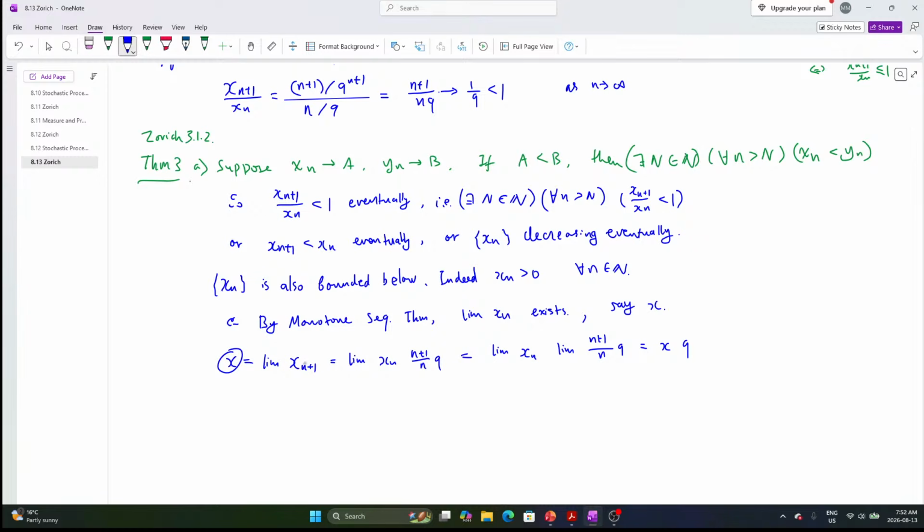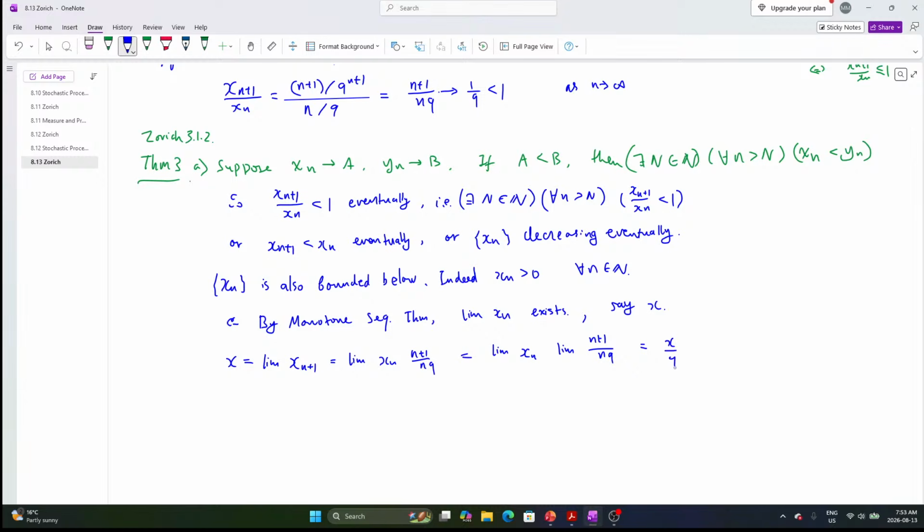So you get an equation for x. Oh, here, q should be at the bottom, my bad. So this is just x over q.